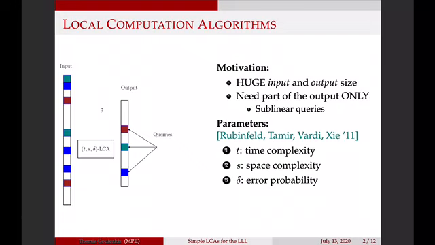This model of computation was first introduced by Rubinfeld et al. in 2011, and the algorithm's performance is measured by its running time per query, denoted by T, the space complexity that it uses, denoted by S, and the error probability delta.